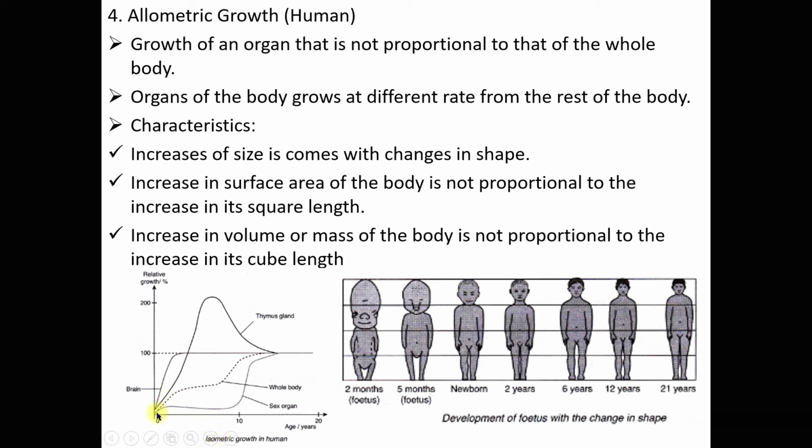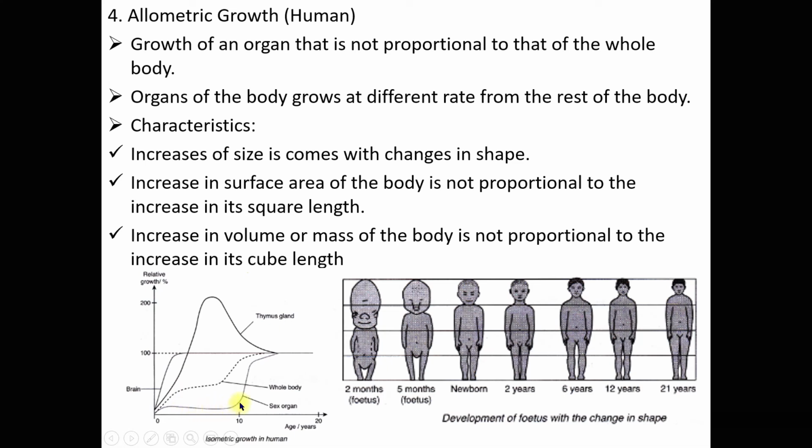You can see here the brain in the human. The growth rate of the brain is rapid at the beginning of age. The growth of the sex organ is slow during the first 10 years.